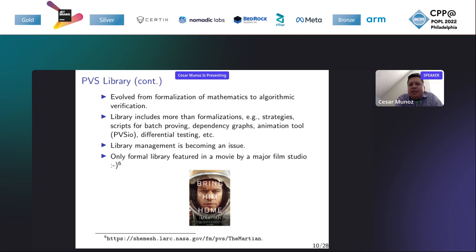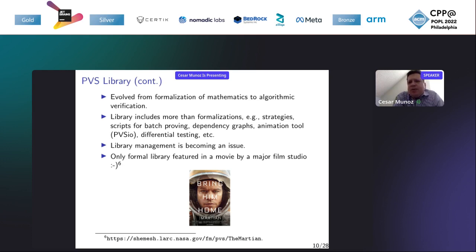Differential testing is where we have these models that are specified as PVS functions, and we have implementations also, and then we can run test cases in the implementation and in the PVS functional specification, and then we can check the results. So we have some scripts and tools for doing that in PVS.